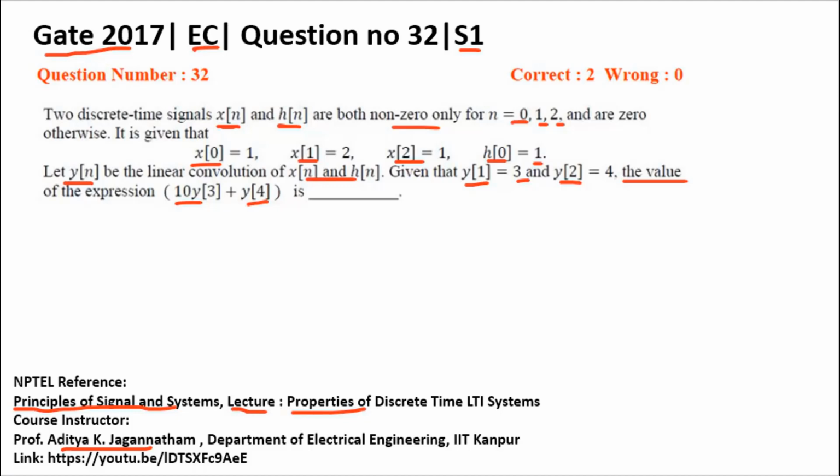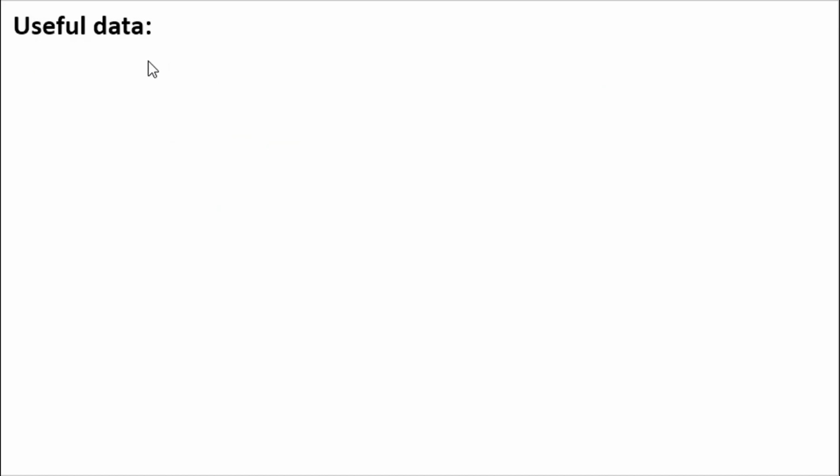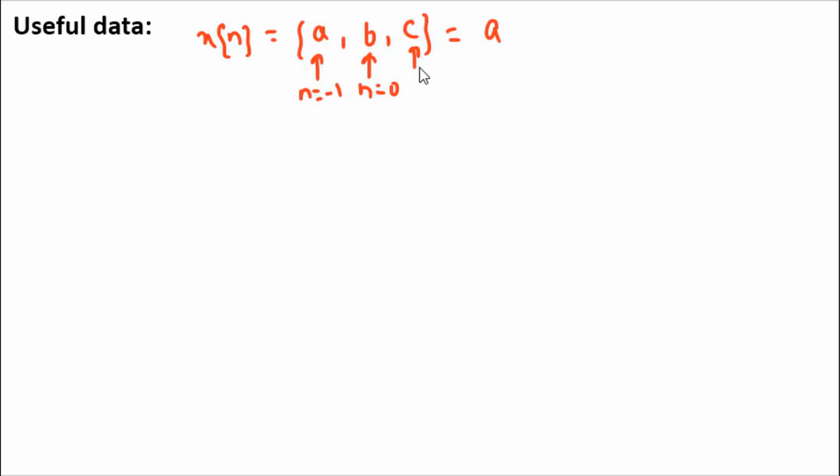Now, coming to the useful data: if you are given a signal x of n equal to a, b and c, where b is the n equal to 0th sample, then a is at n equal to minus 1 and c is at n equal to plus 1.